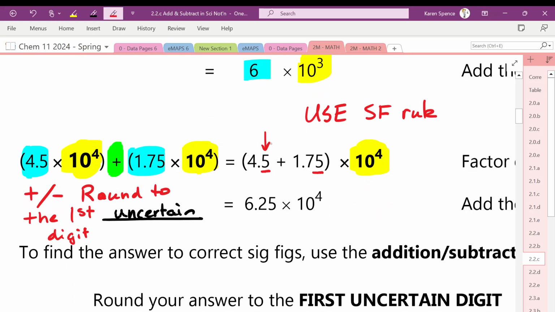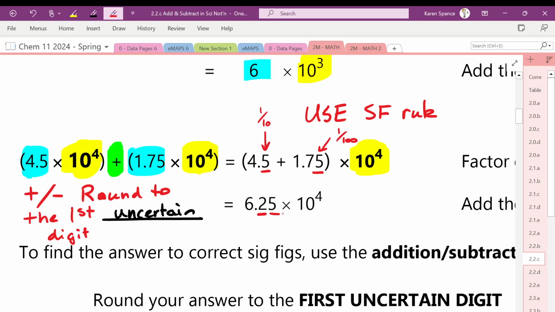Because the tenths is uncertain, that 5 is uncertain. Because the hundredths is uncertain, the 5 is uncertain.